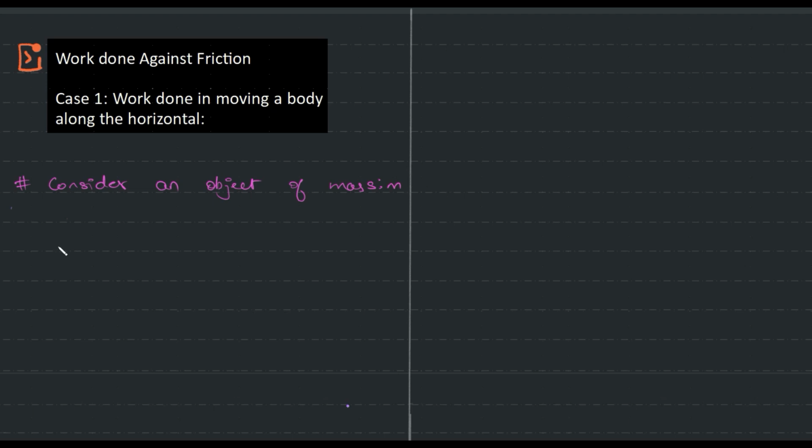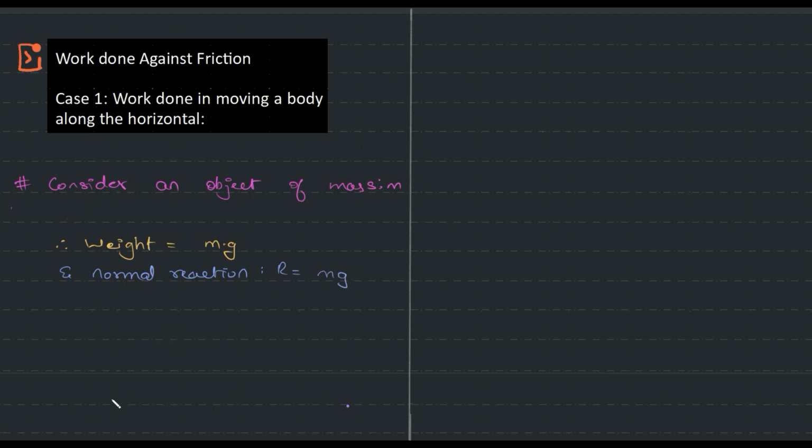Therefore, its weight will be, I hope you guys know the difference between mass and weight. This is the difference. And from here, the normal reaction, that's a normal force, R will be equal to M into G, right?